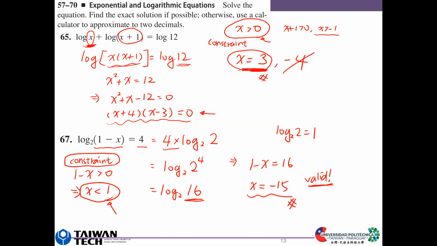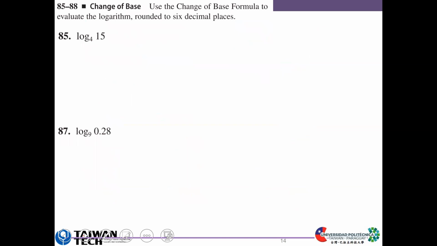Okay, the next question I want to talk about is problem 85. So next slide. Change of base. There's an algorithm for change of base, and you need to memorize it.